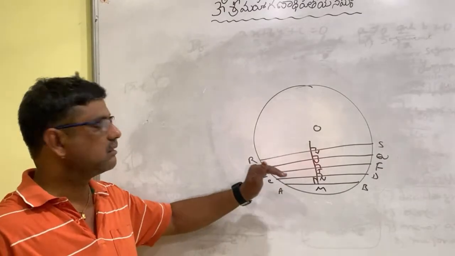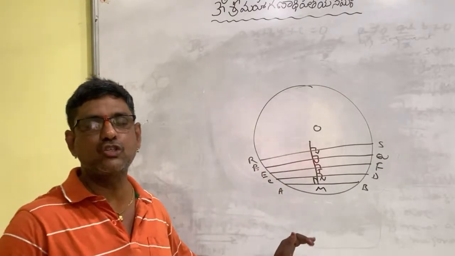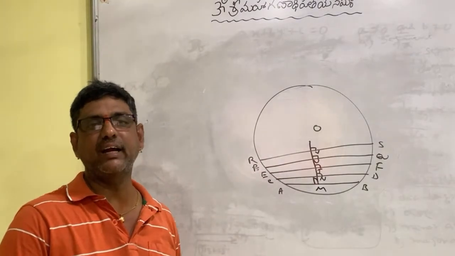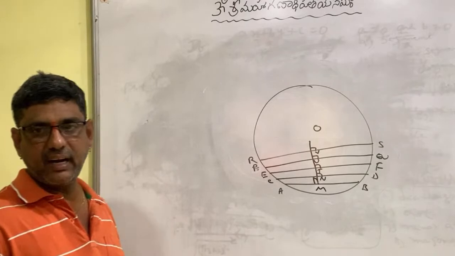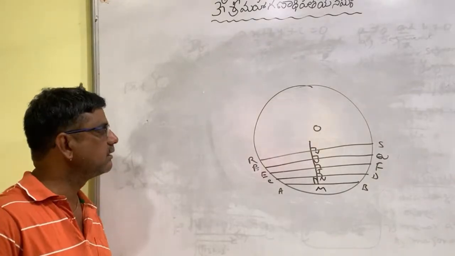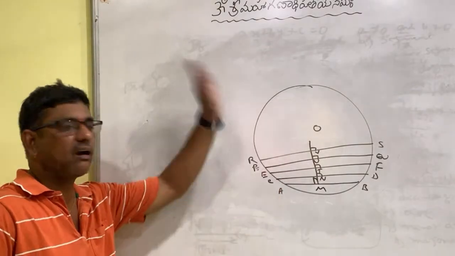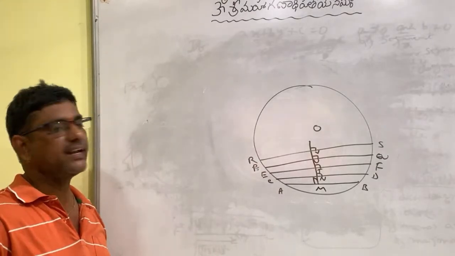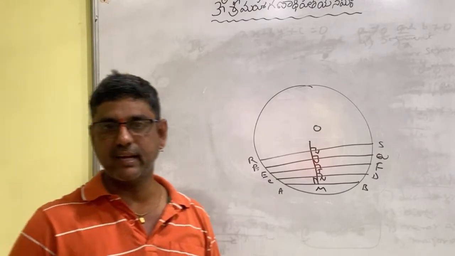These chords we are drawing close to the center. Observe that the perpendicular distances are decreasing and the length of the chord is increased. That is what you have to understand.